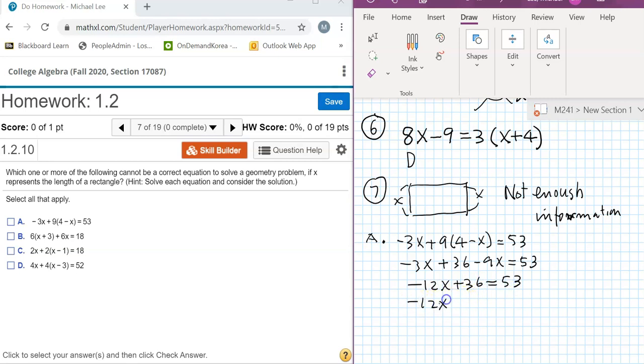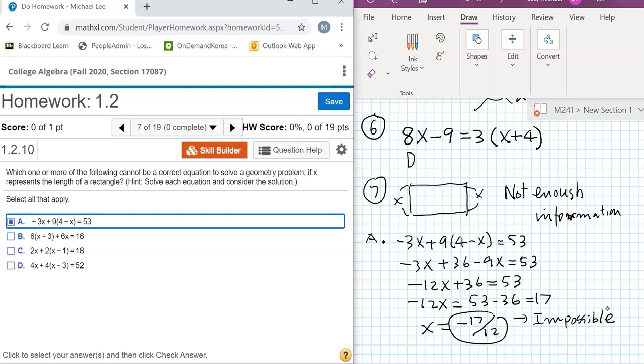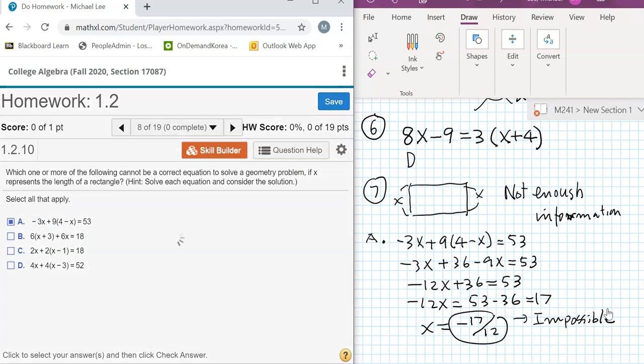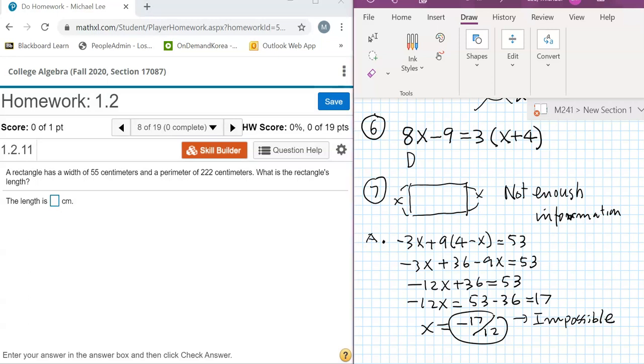So negative 12x equals 53 minus 36. That is 17. So x equals negative 17 over 12. That's impossible. Why? X cannot be negative. So the answer is A. Okay, let's go to the next one. Okay, you guys do it. So that's number 7.